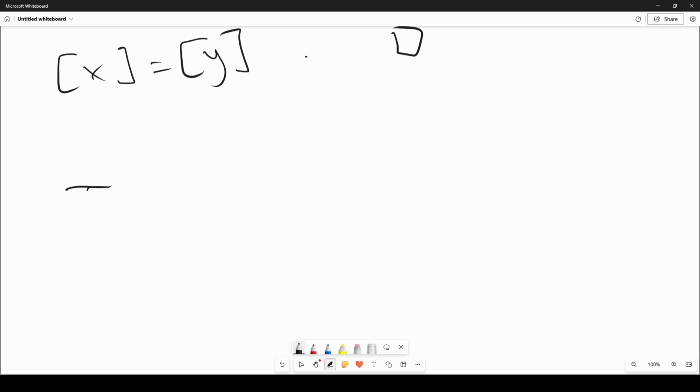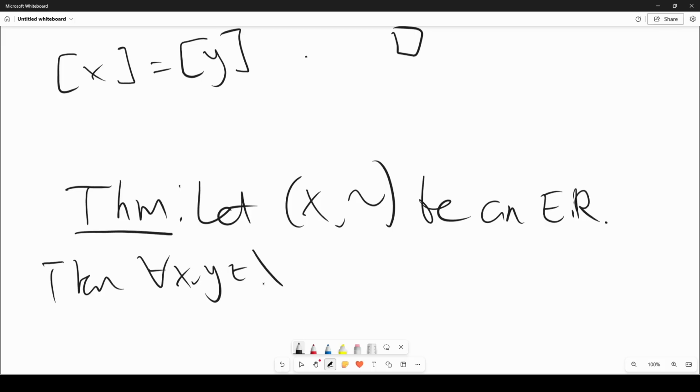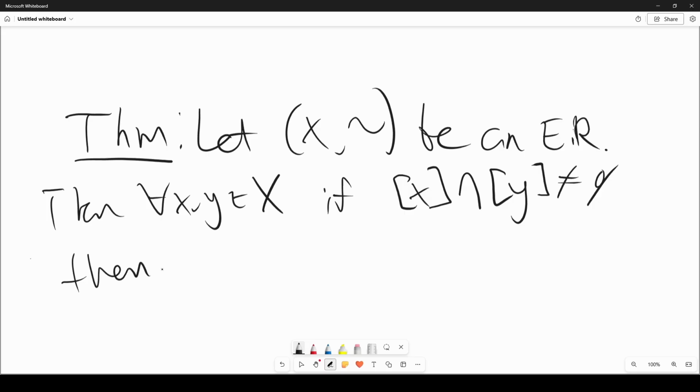Okay. So now let's prove an important theorem. Let (X, ~) be an equivalence relation. Then for all x, y in X, if the equivalence class of x has some element it shares with the equivalence class of y, so that just means the intersection is not equal to the empty set, then the equivalence class of x equals the equivalence class of y.